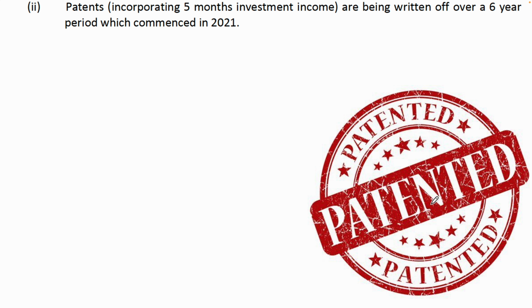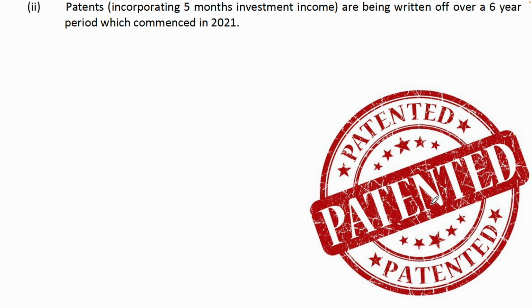Okay, adjustment number 2, patents incorporating 5 months investment income are being written off over a 6-year period which commenced in 2021.